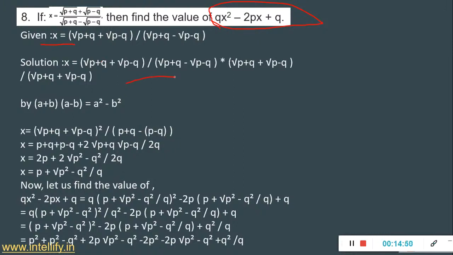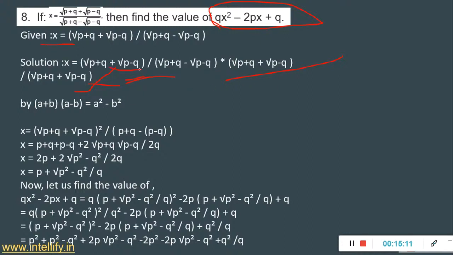Similarly, in this question also we will rationalize the denominator first. That is done in this equation. As we can see, in rationalizing the denominator, the negative sign between these values will become positive and we multiply and divide.